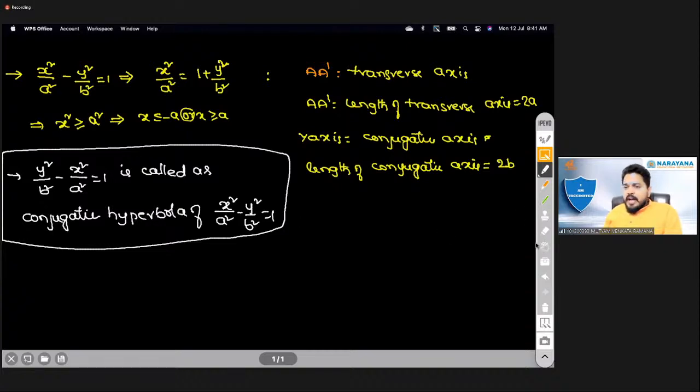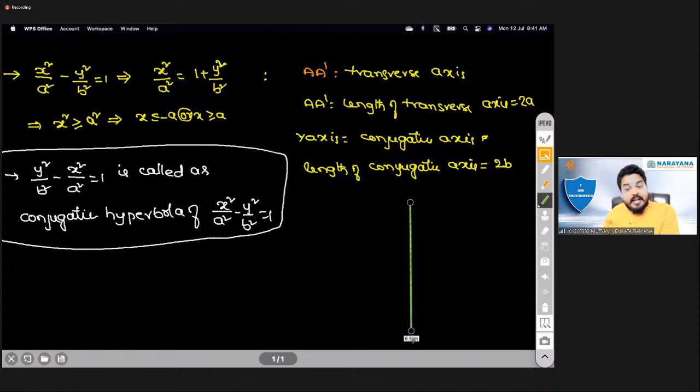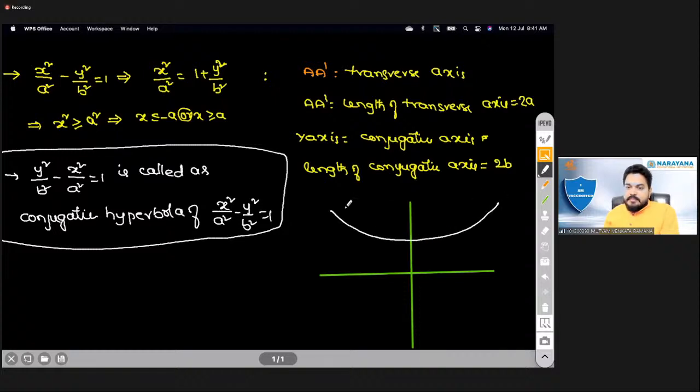Okay, so now you got everything. Now you look at here. You got the equation. If this is the equation, how is it going to be? This is the transverse axis for this hyperbola. This is the conjugate axis. And this equation is going to be like this.